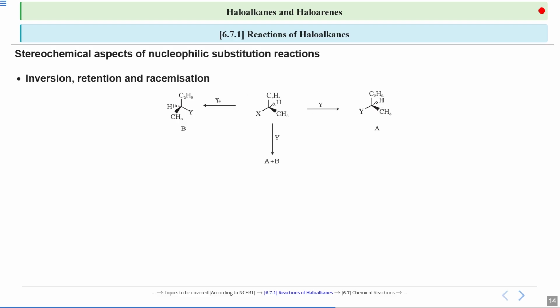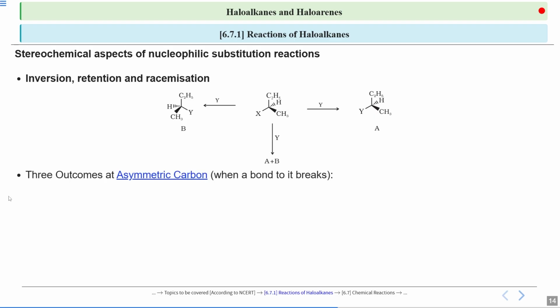Similarly, when you add Y, you can get another kind of product, B, where the spatial arrangement has been changed around this asymmetric carbon. And the third way is when you add Y into the main reactant and get A plus B, that means both compounds as your product.